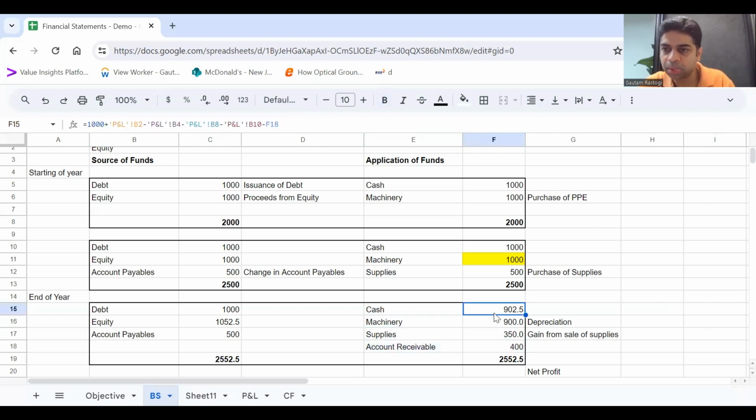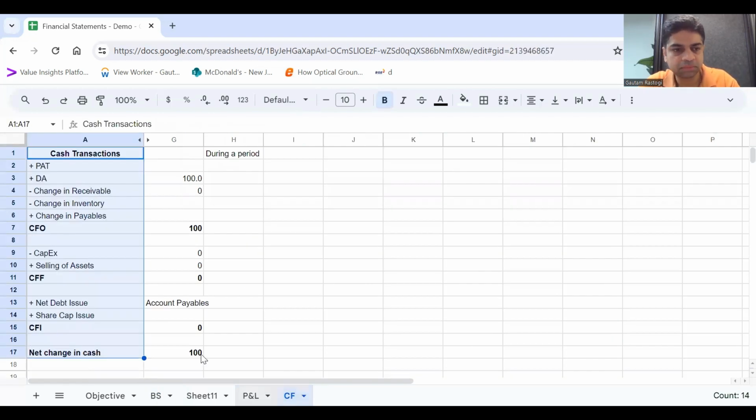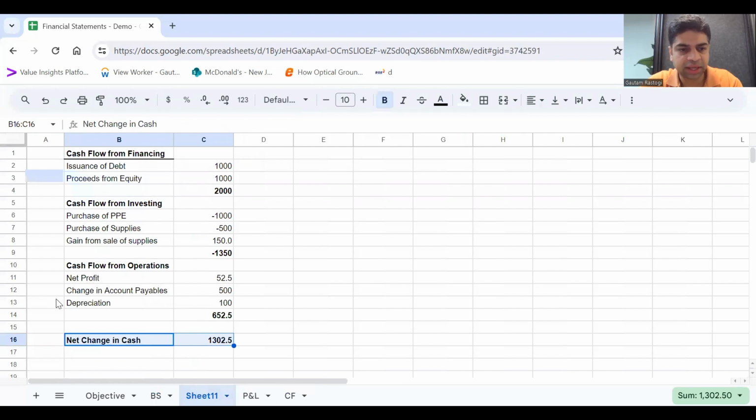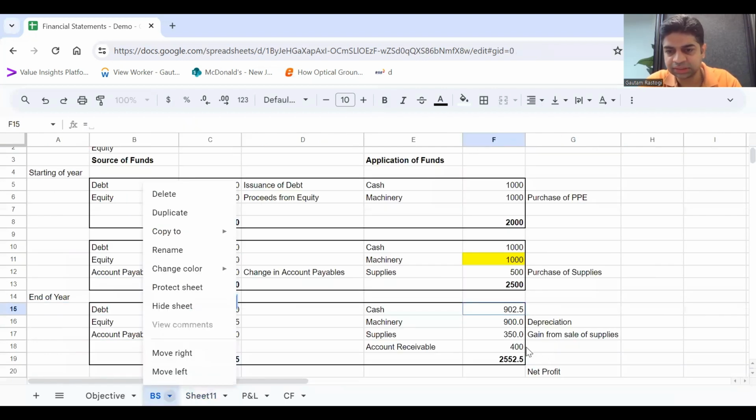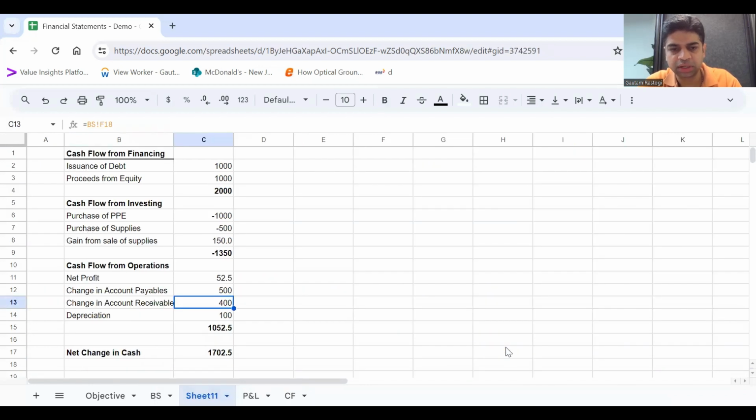See, the cash dropped, right? Now, same adjustment, you've got to do it here as well. So go here, say change in account receivable. This number is 400. Actually, you should prefix it with a negative sign, because it's akin to a cash outflow.